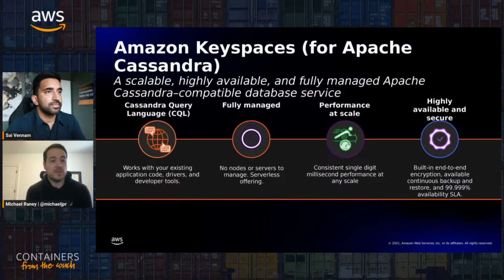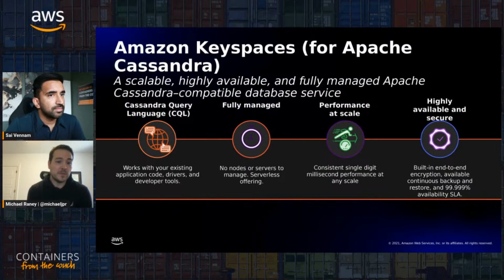What we try to do is provide you with consistent latencies, so that when you're starting out with your application and you're doing 10 operations per second, you can get to millions of operations per second and still have those consistent latencies as you scale. We also want to provide that enterprise experience, making sure that the data is secure, encrypted, compliant, and also highly available.